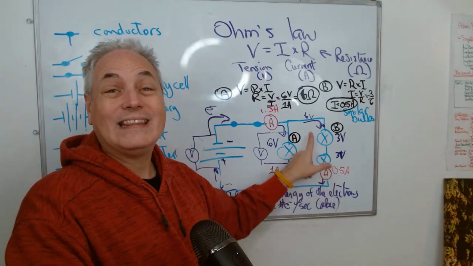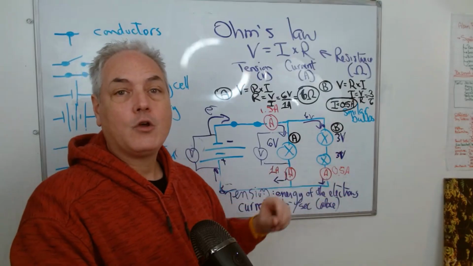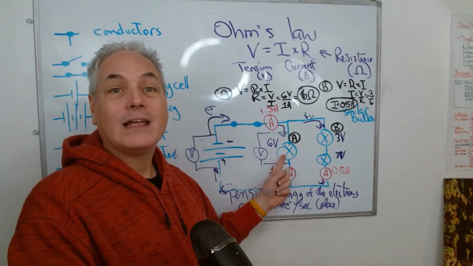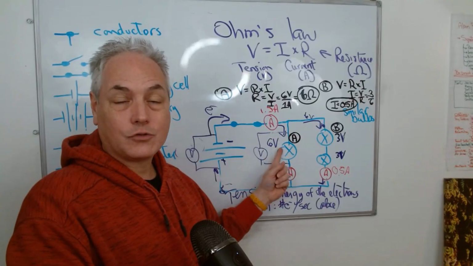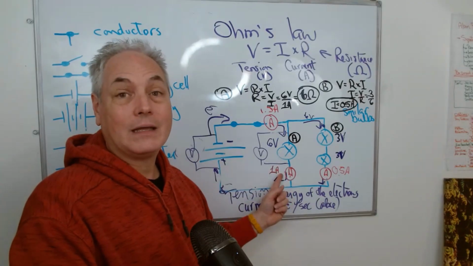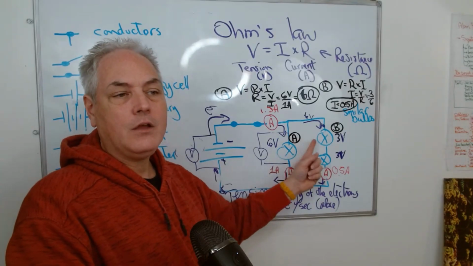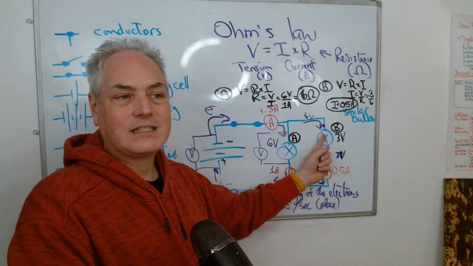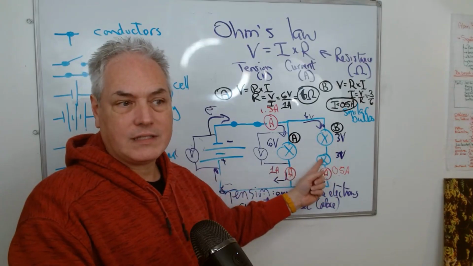The reason why these bulbs here, because there are two, will not be as bright as this one bulb right here, is that in this bulb you have 6 volts, the energy of the electrons, and there's 1 amp of them. So there's a lot of electrons. For this one here, the reason why it's 3 volts is that because of the resistance, we have twice as much resistance.